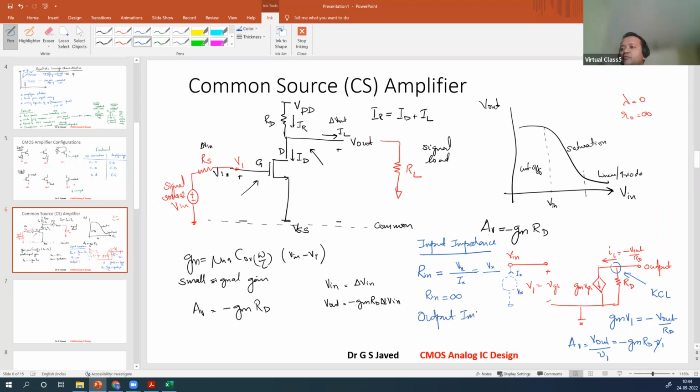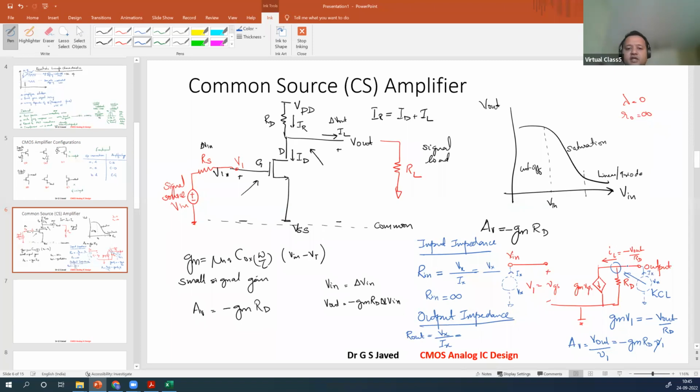Now, what will be the output impedance? You will apply the same test voltage at the output, Vx, Ix. So output impedance also is Rout equal to Vx divided by Ix. Now what does that give?